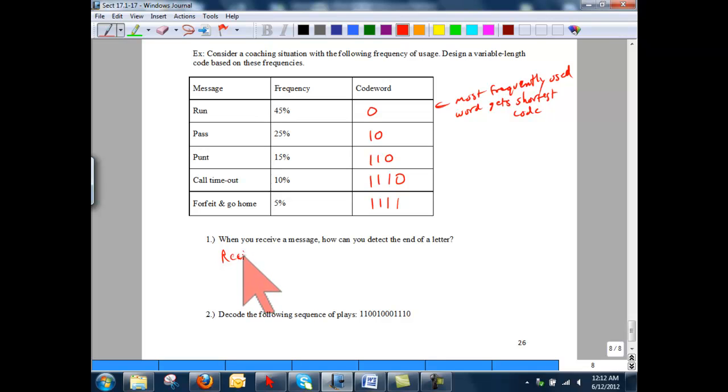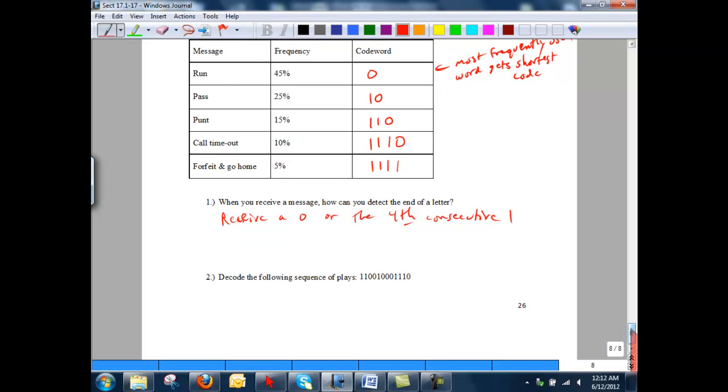You receive a 0 or the 4th consecutive 1 in this particular example. Those are the two ways that I can tell that a particular code word has been fully received.